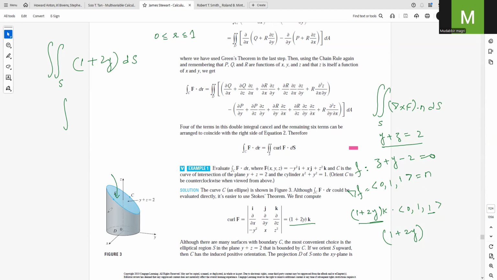Similarly, we can find the level curves. These will be circles of this kind, parallel to this circle here, so the radius is from 0 to 1, and since it's a circle, theta goes from 0 to 2 pi.